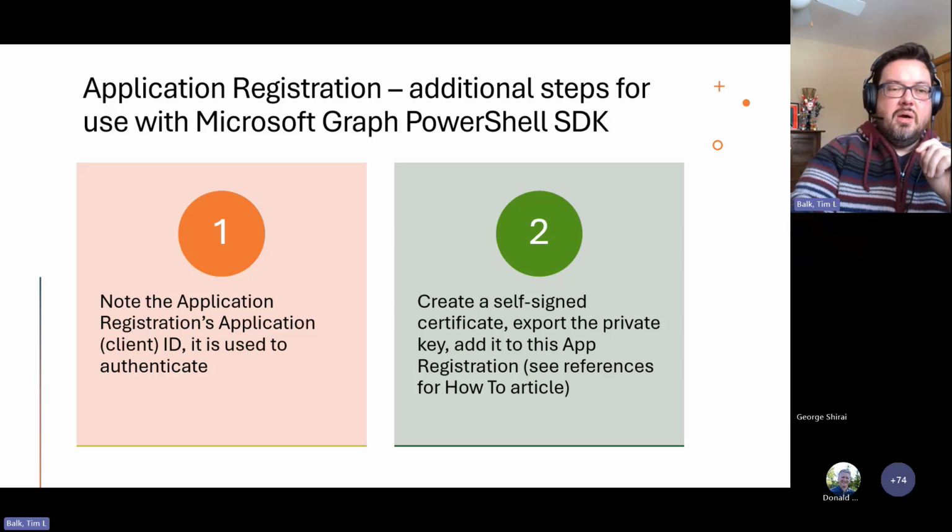And in addition, with noting that client ID, you're going to have to either create a secret value, but it's much more secure to create a self-signed certificate and export the private key to add it to that app registration.